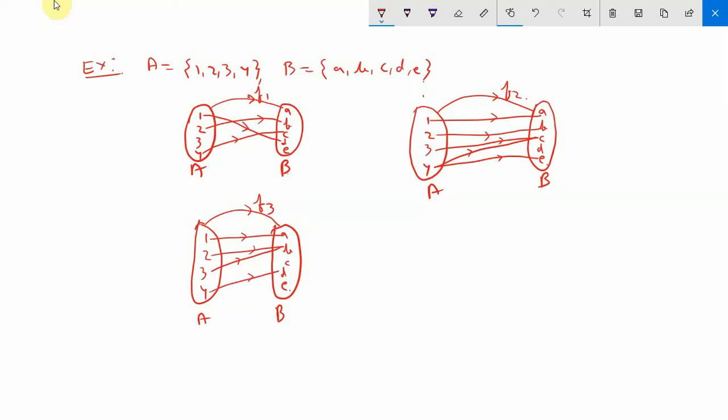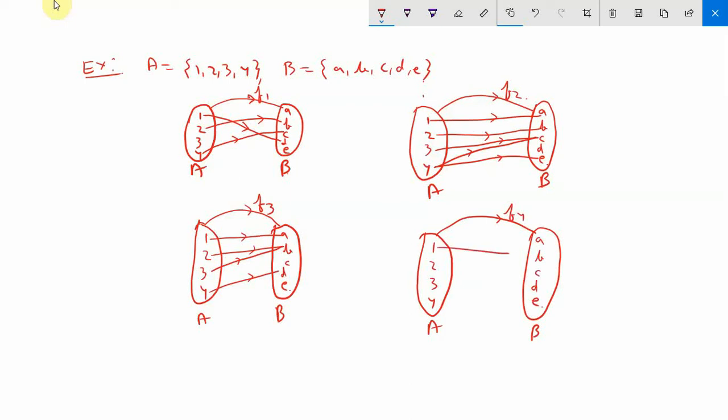Next rule is f4, with elements 1, 2, 3, 4 and a, b, c, d, e. 1 is linked with b, 2 with c, 3 with d, and 4 with e.